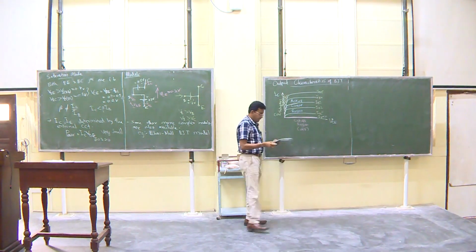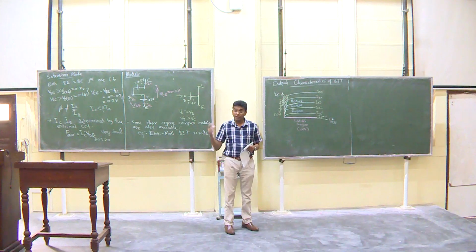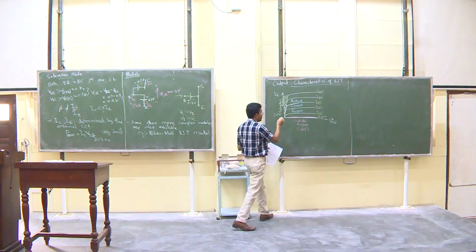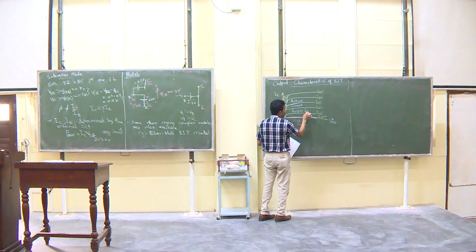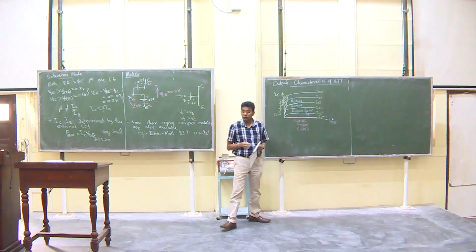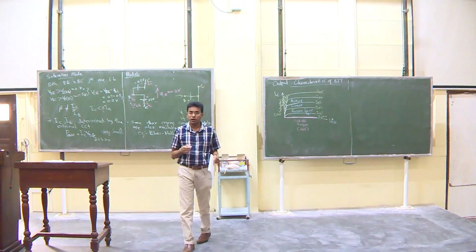This is called the active linear region, where we have this IC. If you look at this, these lines are parallel. So, therefore, there is a relationship IC over IB is a constant beta, right.